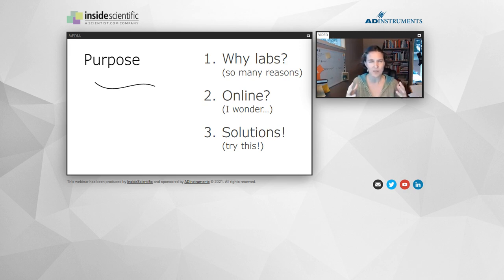And so I want to spend some time looking at why we do that. I'm super curious to see what you think about that. The next thing that we'll do after we identify why labs are important is dig in and interrogate: can we do those things that we identified were important? Can we do them in an online environment?